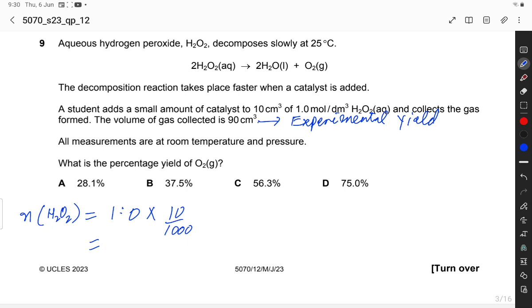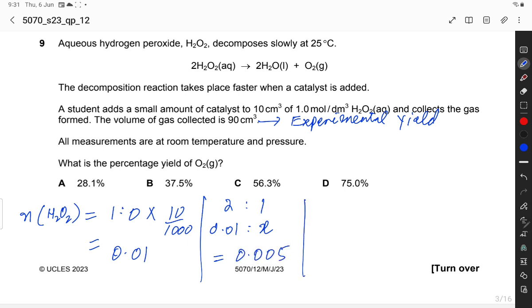This is equal to 0.01. So the mole ratio of oxygen gas is 2:1, so 0.01 divided by 2 is equal to 0.005 moles. So this is the moles of oxygen.